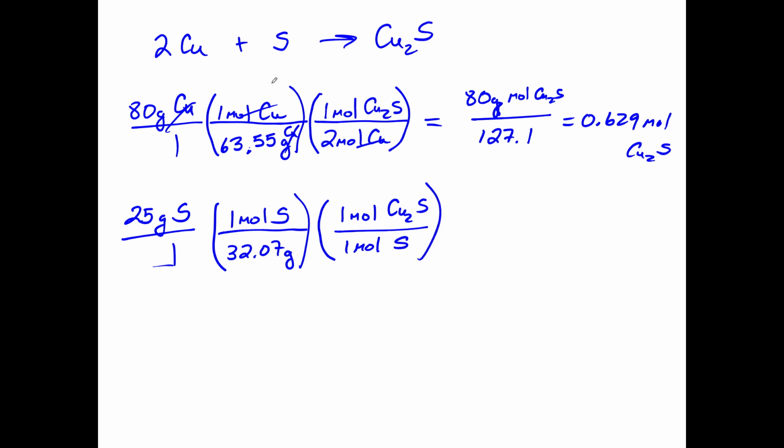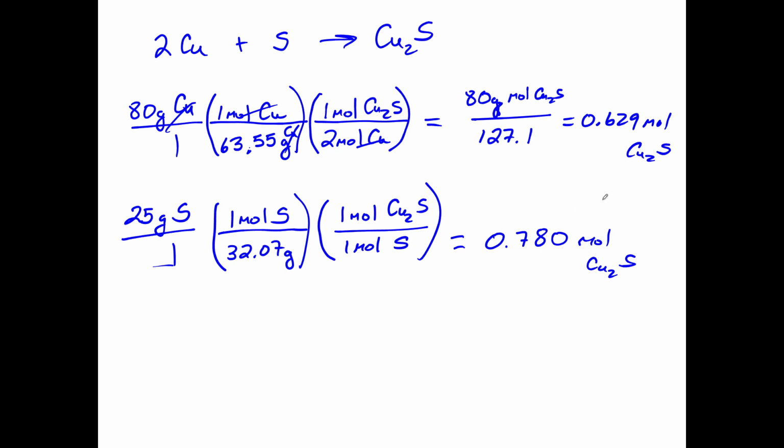And you can tell from here the molar ratio between sulfur and copper sulfide is 1 to 1. That's where I got these numbers from, 1 to 2. And we figured out what we have. So basically 25 divided by 32.07. You get 0.780, rounded to the 3rd decimal place, moles of copper 2 sulfide.